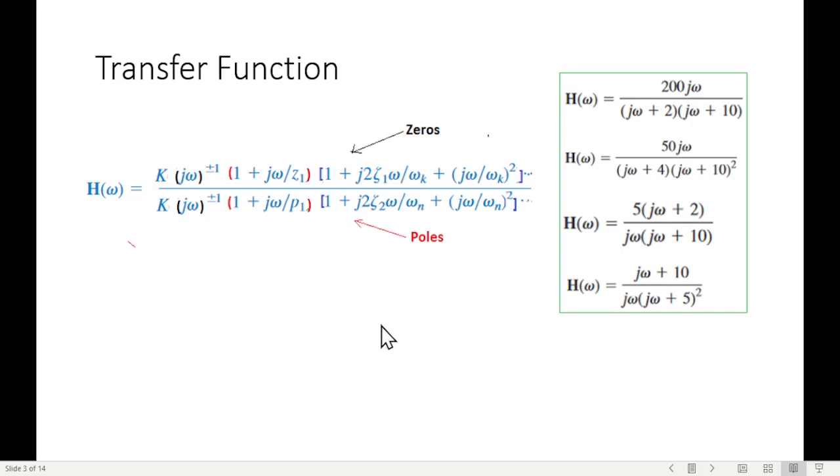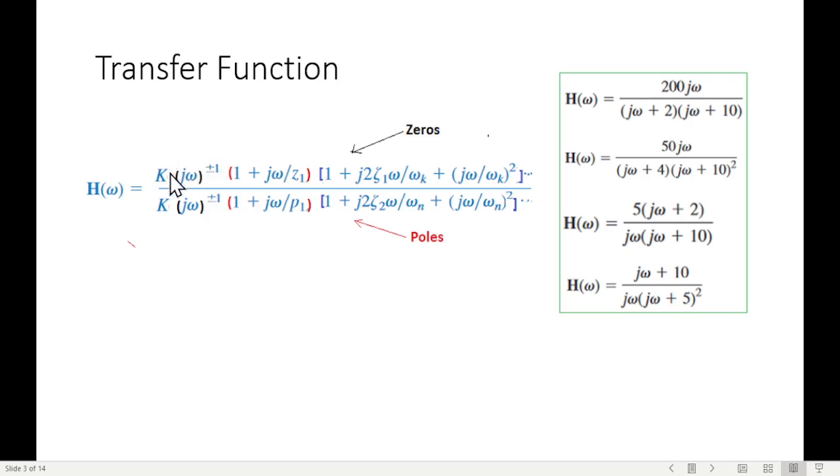Now let me just clarify, I'm just taking 4 or 5 examples of transfer functions, and we want to relate with the general equation, which is like this. So in the general equation, we will have a constant in the numerator and maybe at the denominator, just like we have 200 here or 50 here.